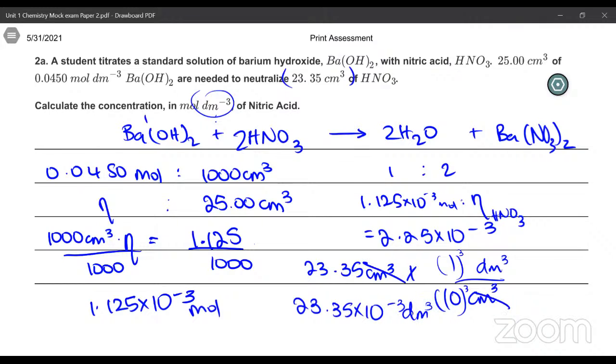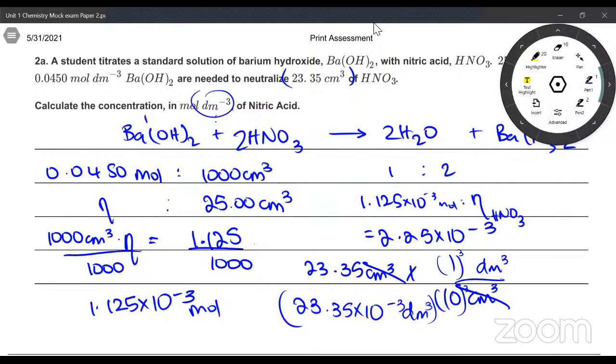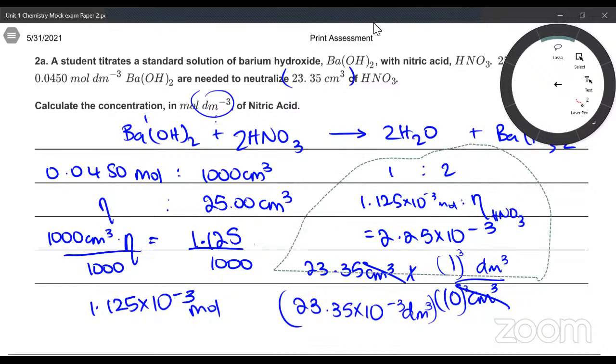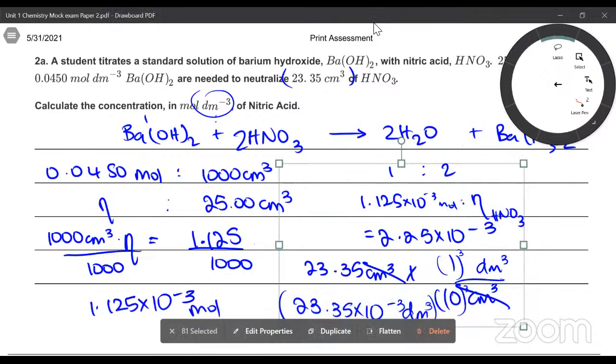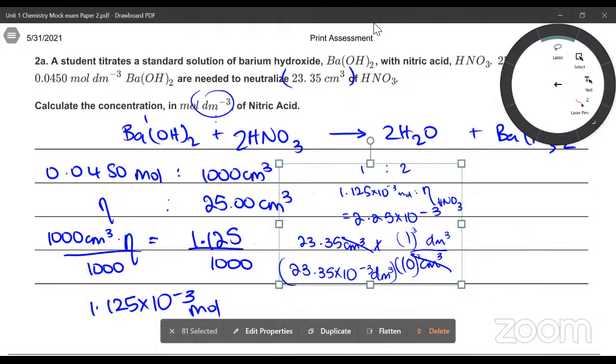All right. And so that would be the volume in dm³. Let me get a bit more space on this so I can just work out the last part. All right, I think that's fine.